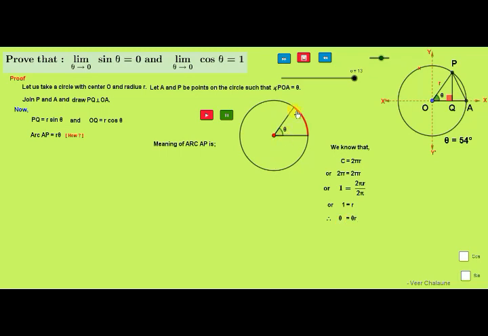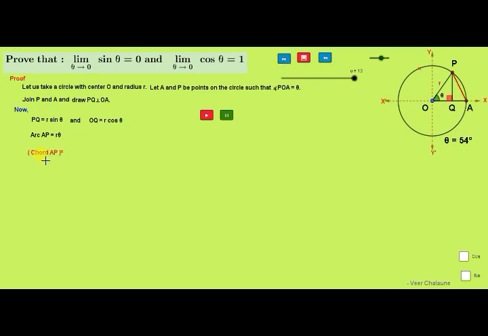So the arc formed by angle theta is theta r. Arc AP is r theta or theta r, both mean the same. In this way, the value of arc AP is r theta.